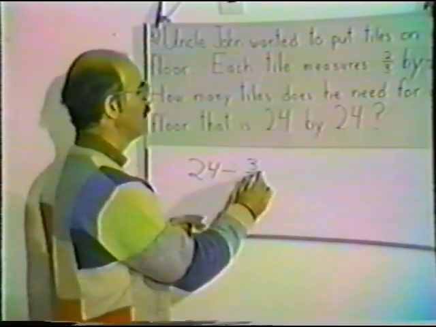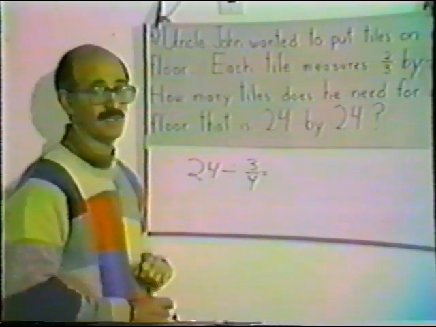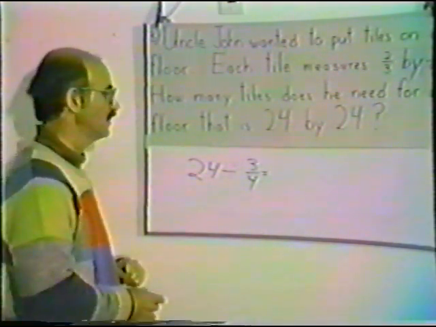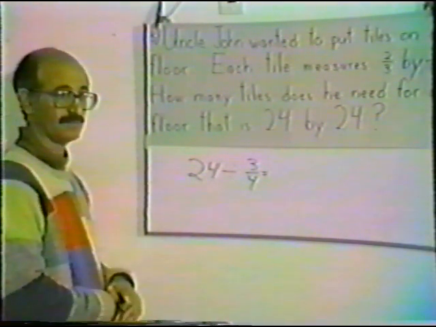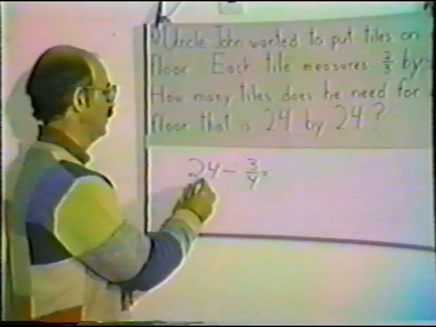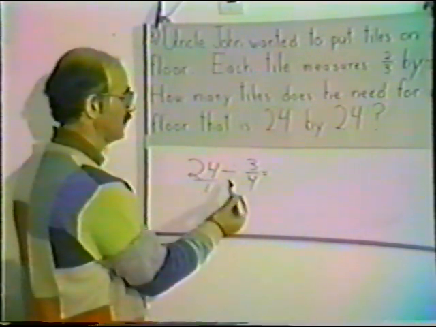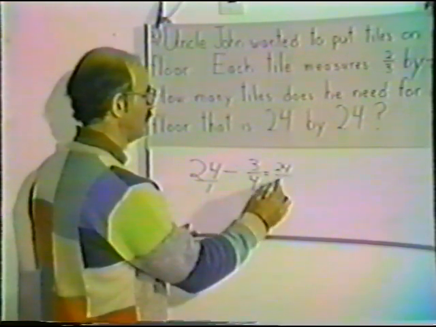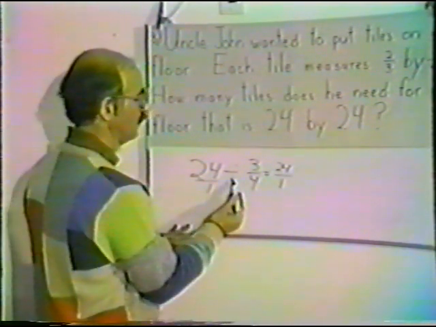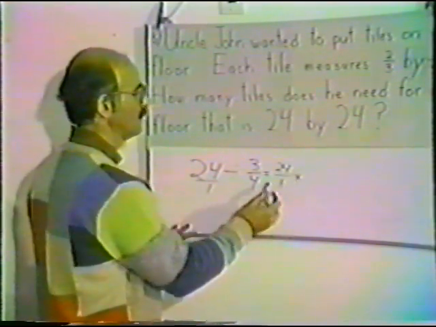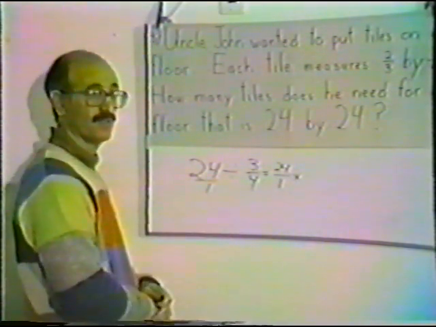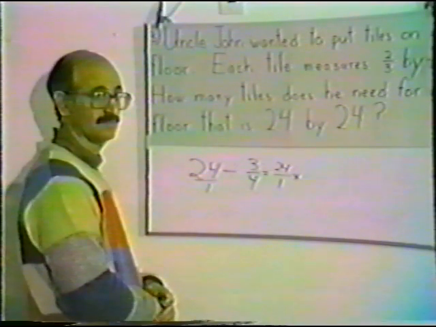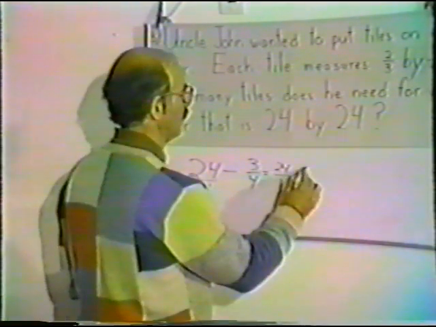What do I do with the 24? Put it over 1. Now it's a division problem. We have to rewrite it. The division becomes times. What do I do with the 3/4? Flip it over.